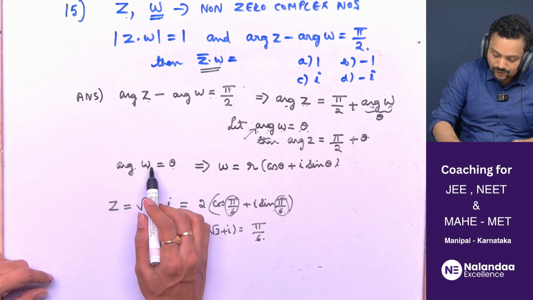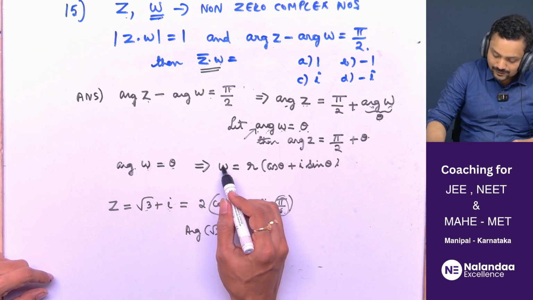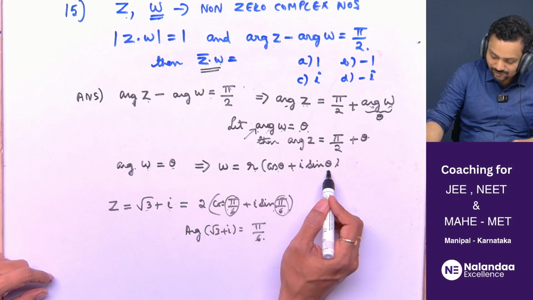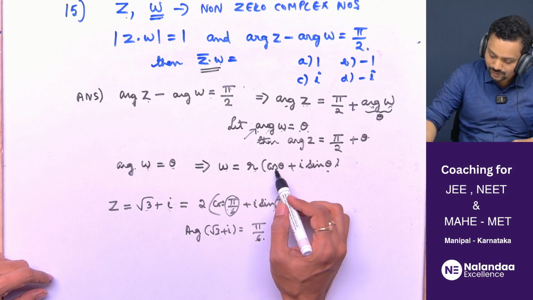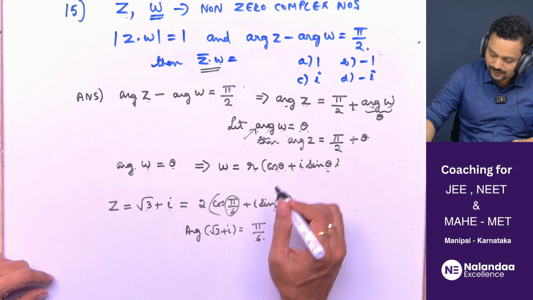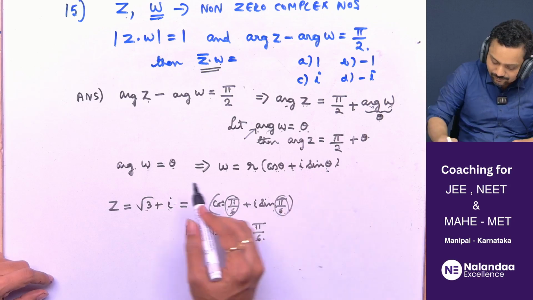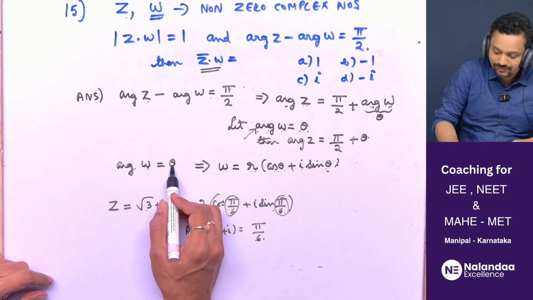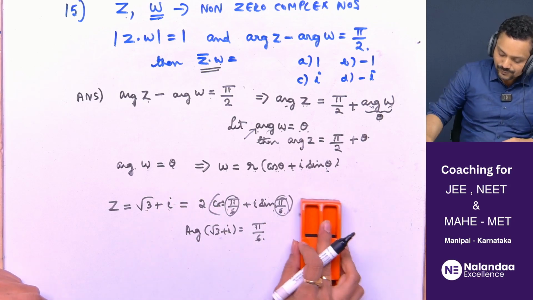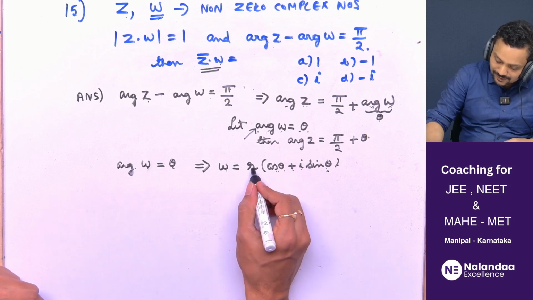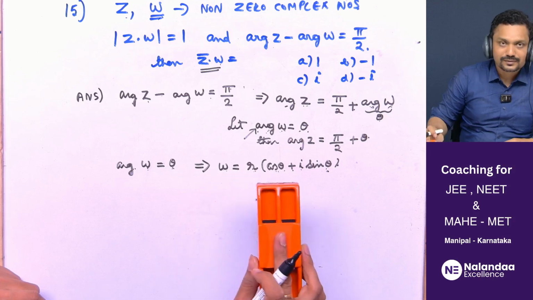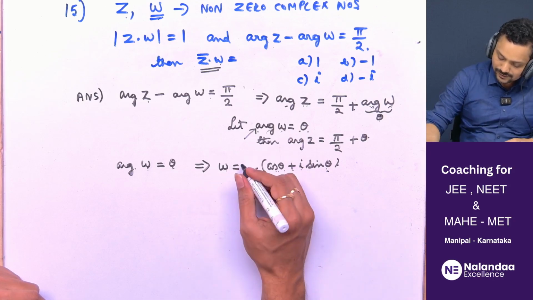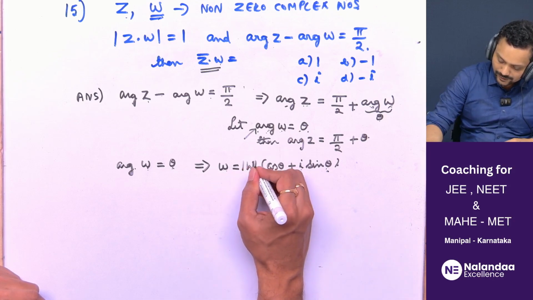So when I say argument of omega is theta, that means omega will have some polar form, r into cos theta plus I sin theta, and the angle here will be theta. That is the meaning of argument. And this r is its modulus, so r can be written as mod omega.